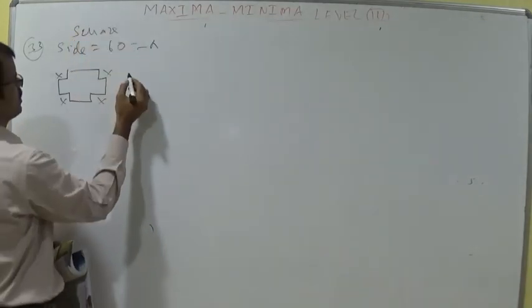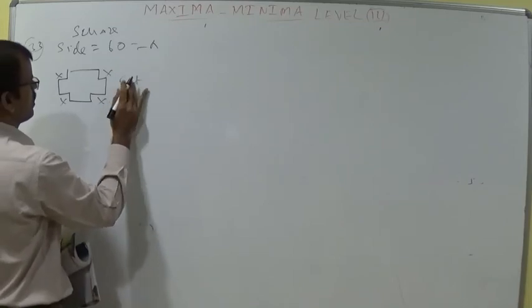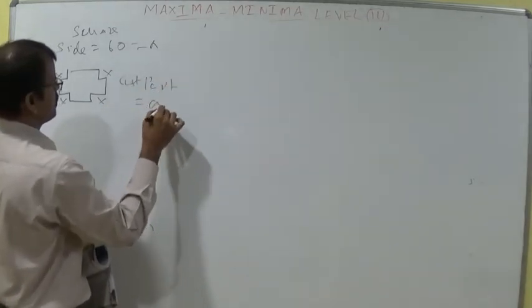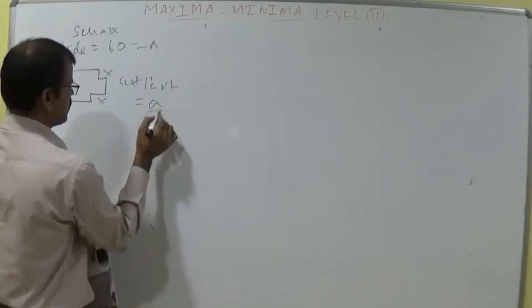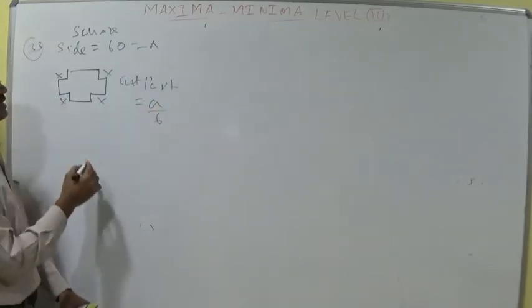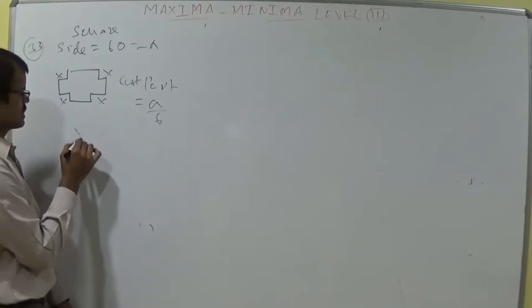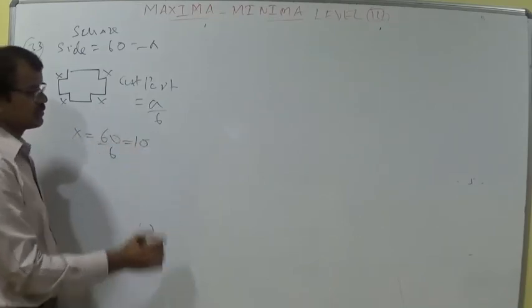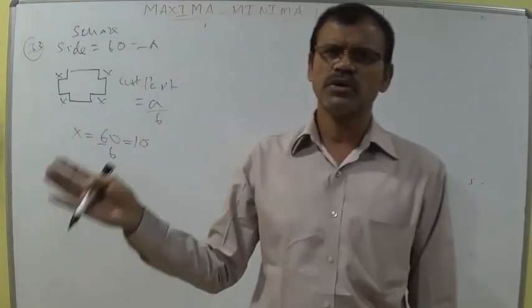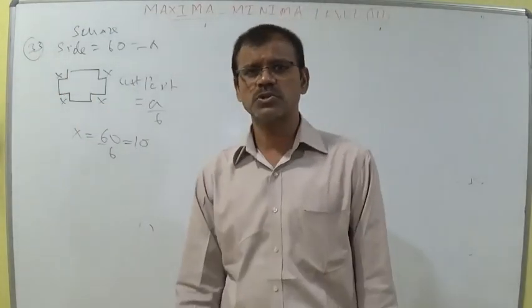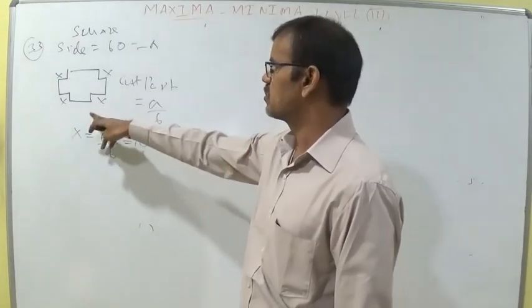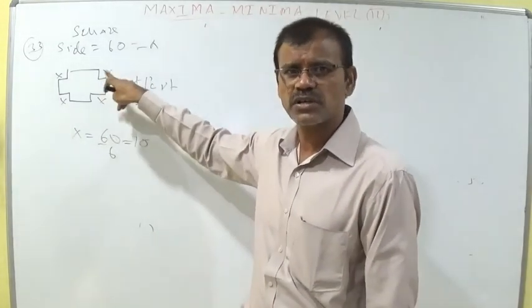When it is a square side, the cut part formula, I said in the synopsis, cut part is equal to A by 6. So A by 6 cut part is equal to 60 by 6, 10. How will you get the same process? Length minus 2x, breadth minus 2x, and height x, multiply, you get A minus 2x into A minus 2x into x.